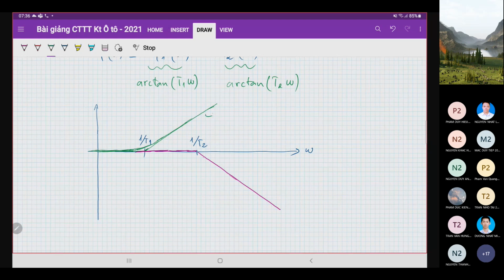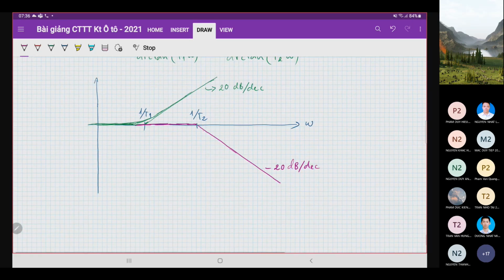Here we have 20 dB per decade, and here we have minus 20 dB per decade, right?